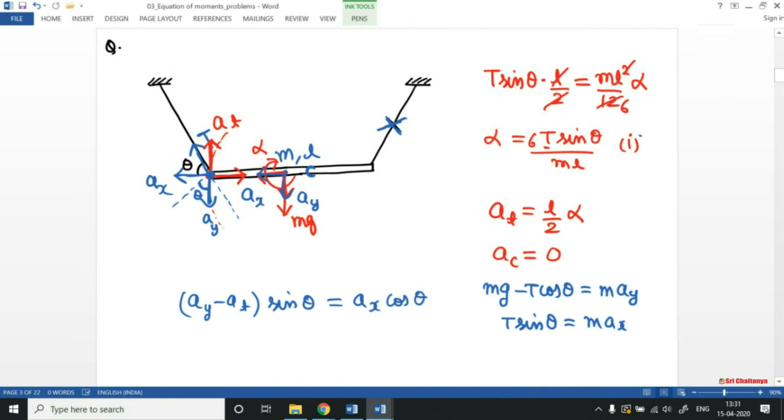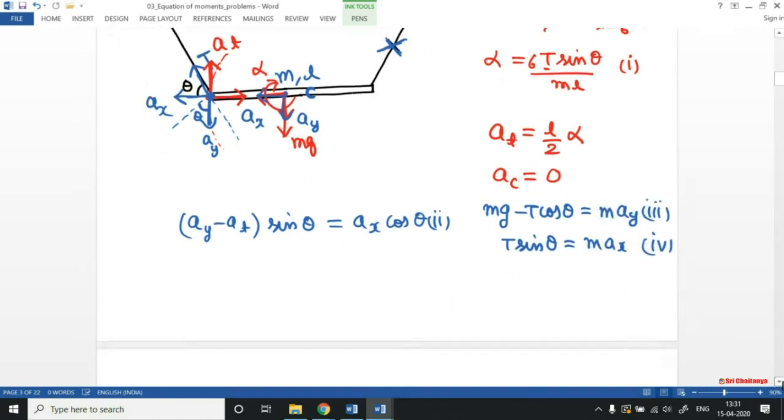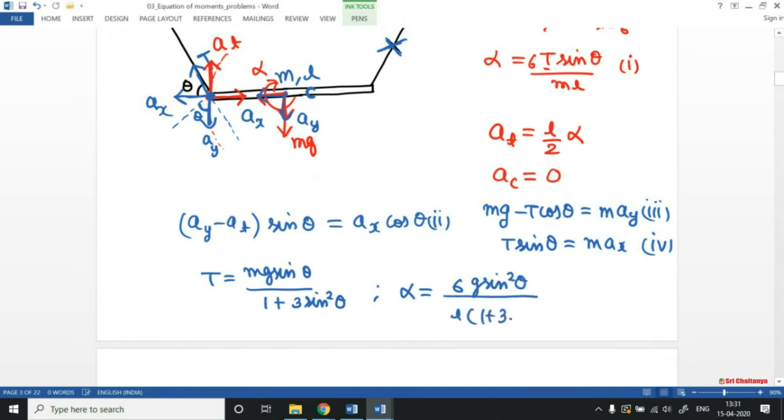So using equation number 1, 2, 3 and 4, when we solve all these, we will get T equal to mg sine theta divided by 1 plus 3 sine square theta, and alpha we would get as 6g sine square theta divided by L into 1 plus 3 sine square theta.